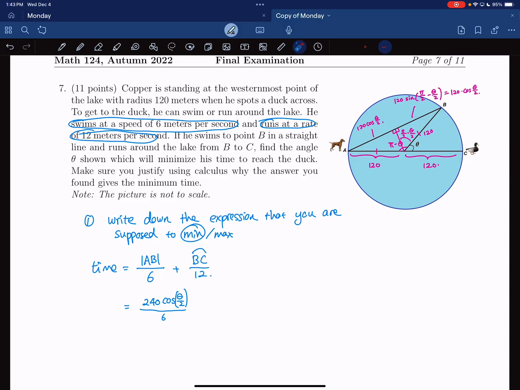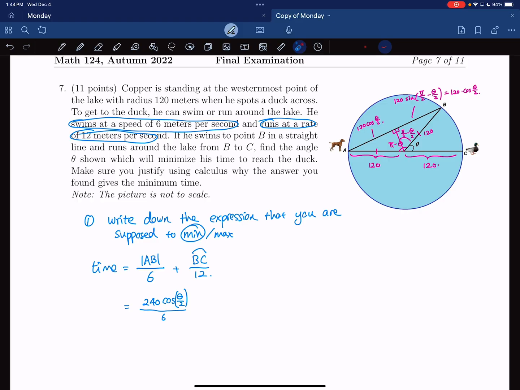Now, I did say that this is the test from exactly 2 years ago. I was teaching Math 124 that year too, so I did not propose this question, but this is the question I graded. During the grading process, a lot of the students had trouble finding AB because there's no direct formula that tells you what AB is.